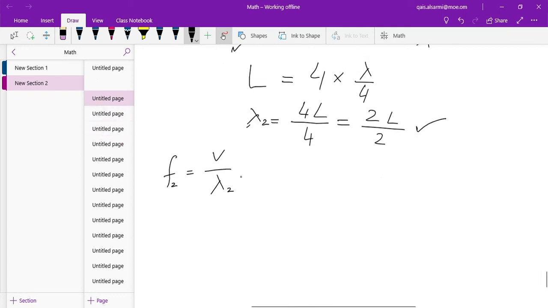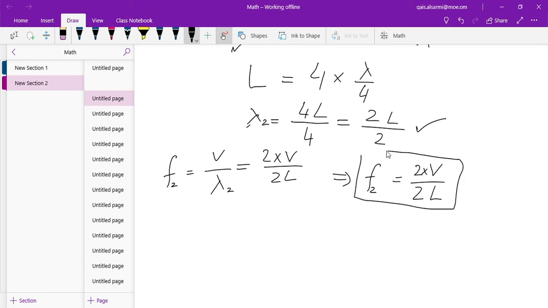Now if you put the values for lambda, it would be 2L, 2 here. So I can write this equation as F2 equals 2V over 2L. So this is the frequency for the second mode.